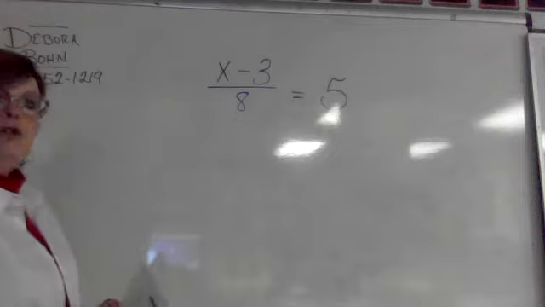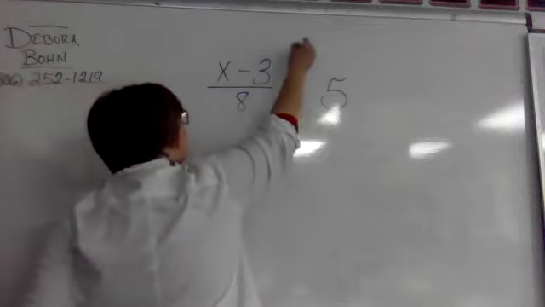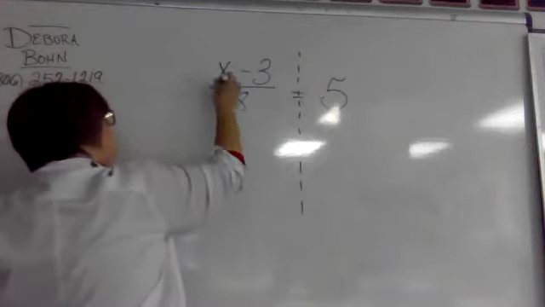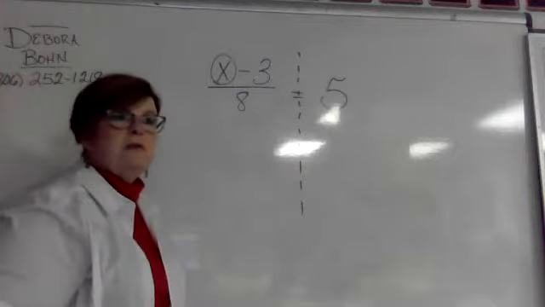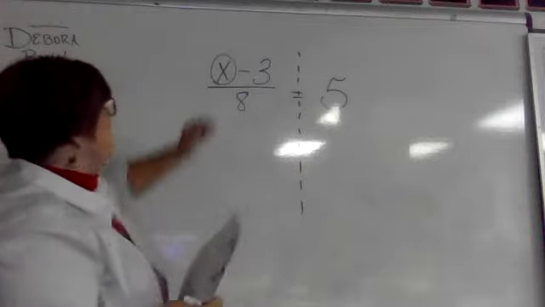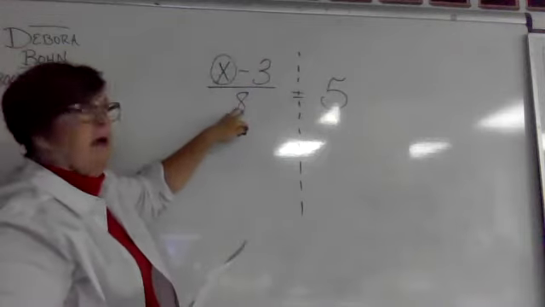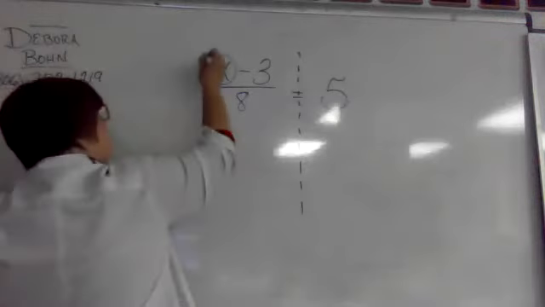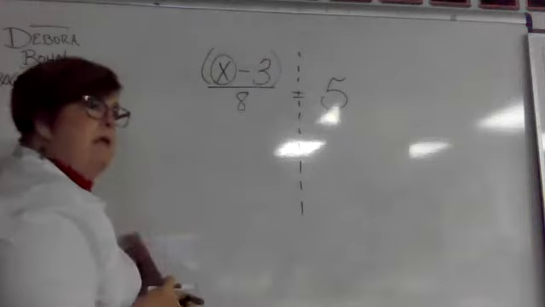So the first thing we do is put our line down through the equal sign and circle the variable. Now again, this looks very familiar, doesn't it? Because we have a set up here where the whole thing is divided by 8. To help you out, let's make it a set.